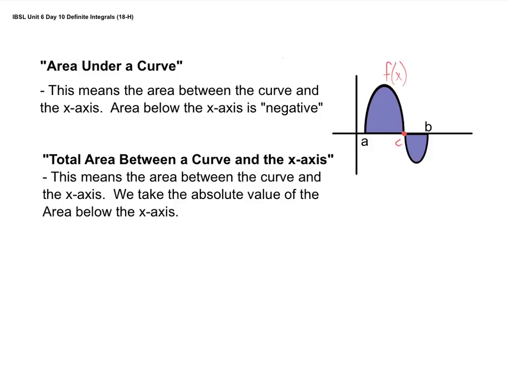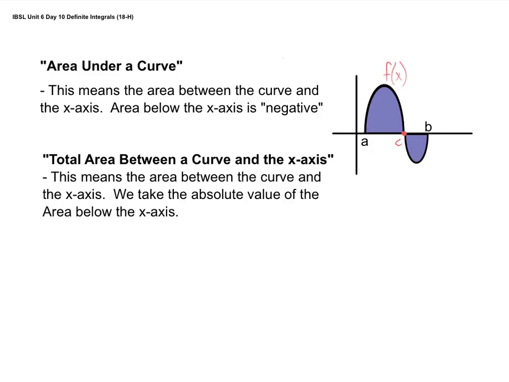Now, there are two things that you have to be careful to keep straight, because there's two different things that you could be asked to do, or you may want to do, okay? If you're asked for the area under a curve, this is the area between the curve and the x-axis, and area below the x-axis is negative, okay?